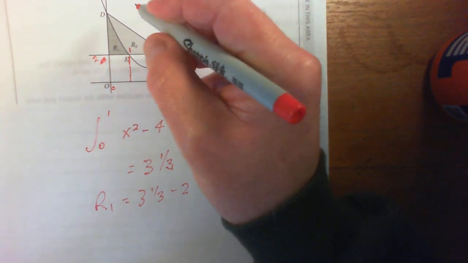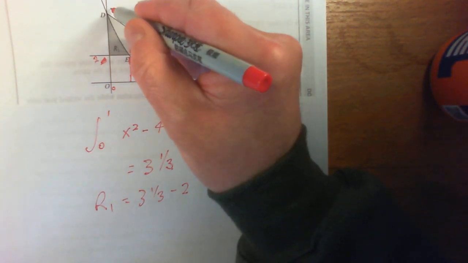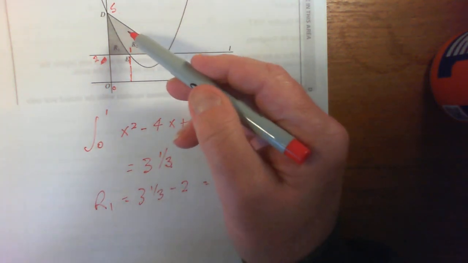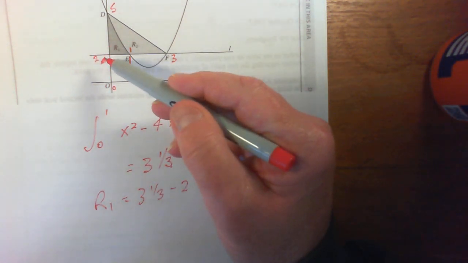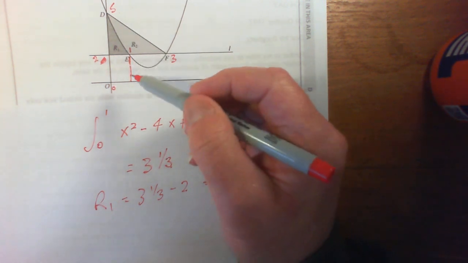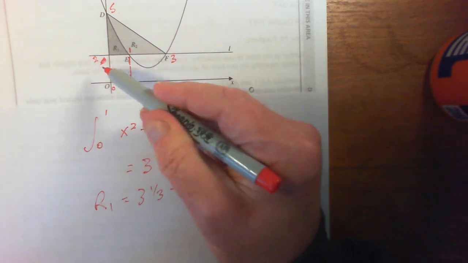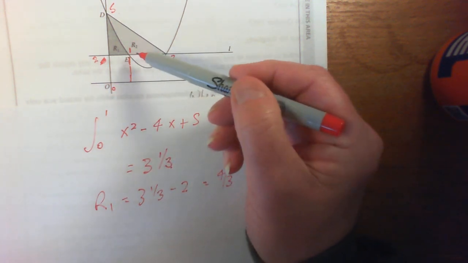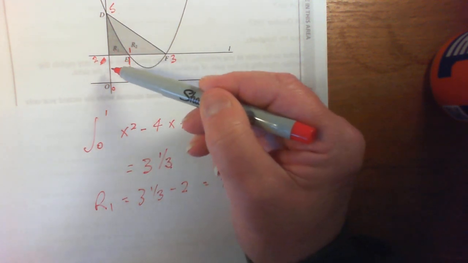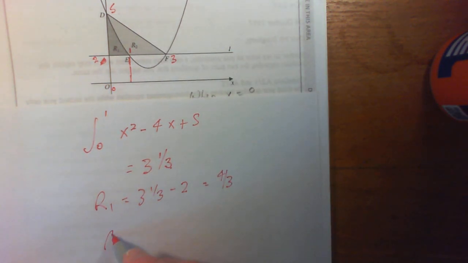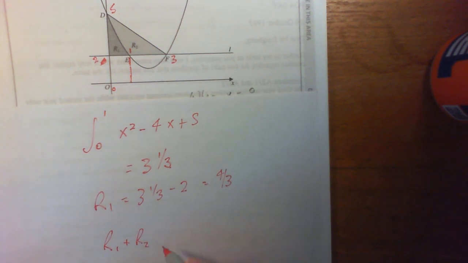That's x equals 3, and that's, I think, 5. Yep. So the area of that triangle is just half base times height. So it's half, 3, 3.